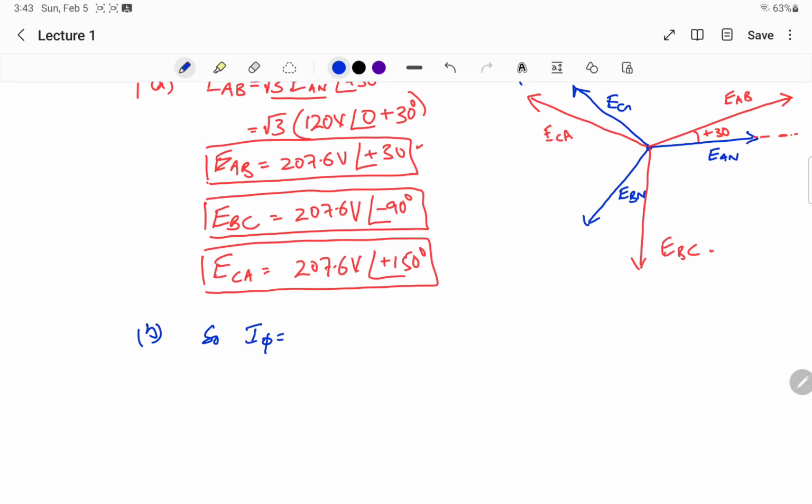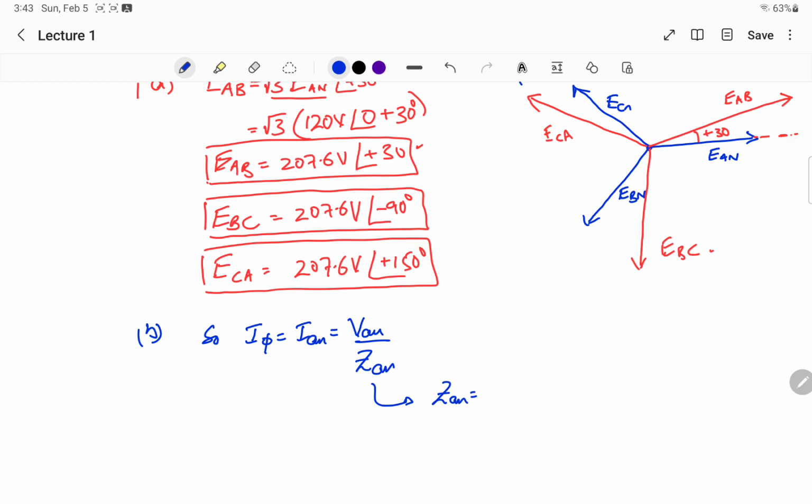I phase, that is equals to IAN, is actually equals to VAN divided by Z of phase, that is actually ZAN. So how to calculate ZAN?